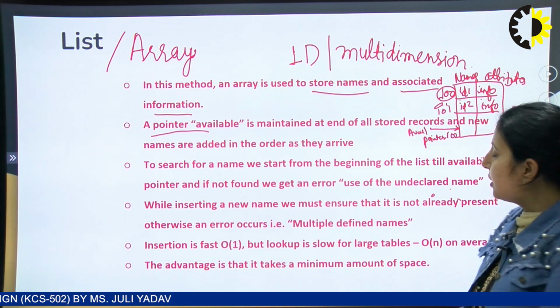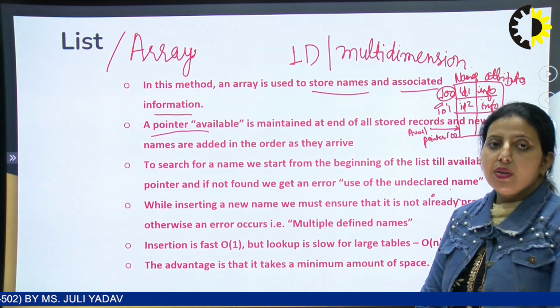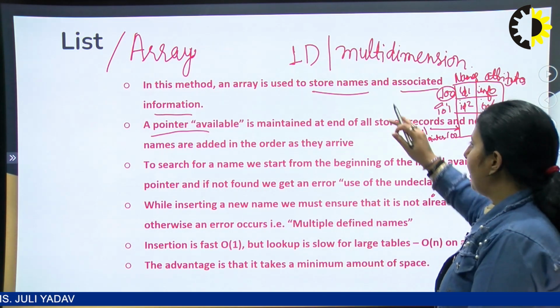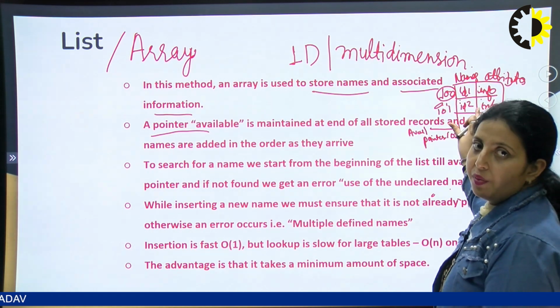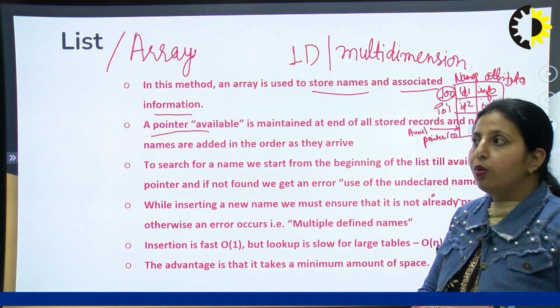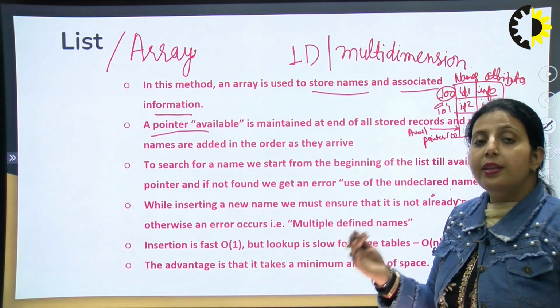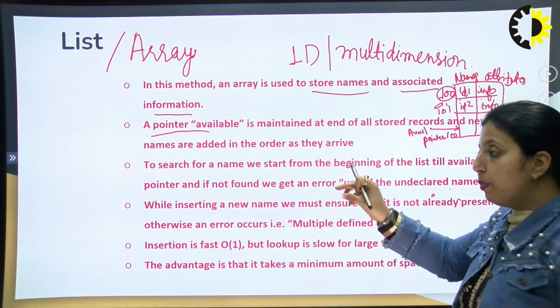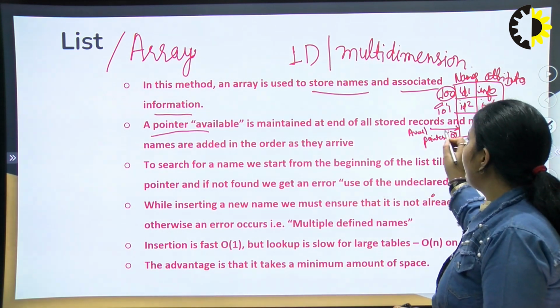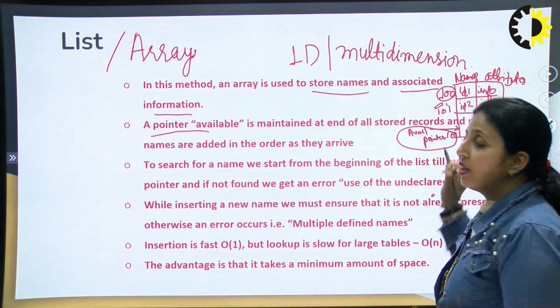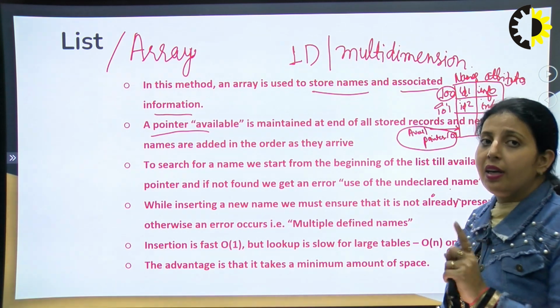Why does it point to the next location? Because if there is an entry beyond these entries, then the entry has to be done only at the location pointed by the available pointer.